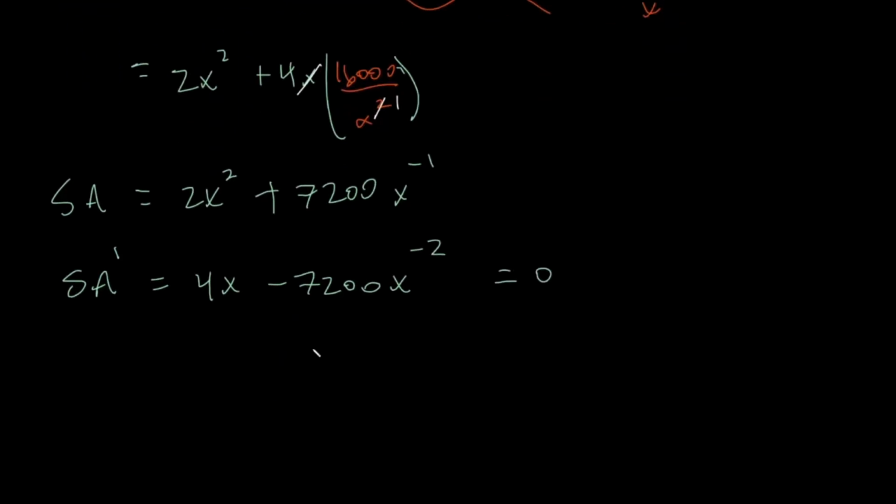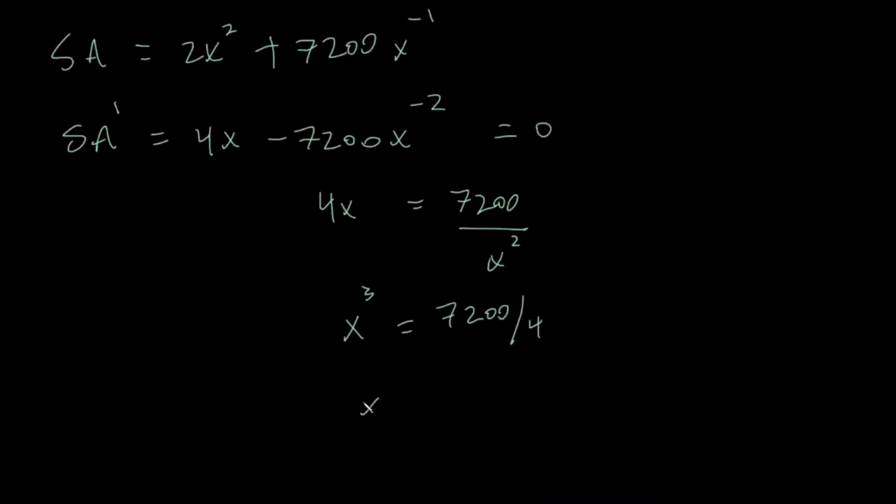So I get 4x equals 7200 over x squared, just moving this to the right, or x cubed equals 7200 divided by 4. So x cubed is 1800. X cubed equals 1800.